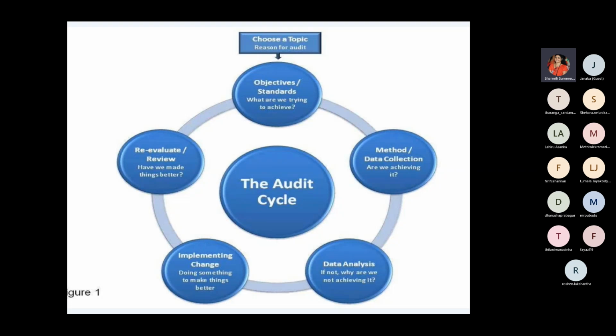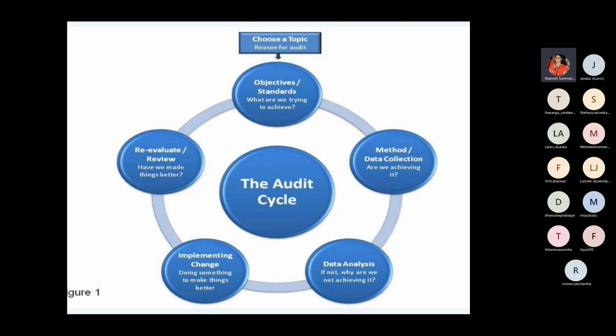Then we are implementing, we are changing. We are making solutions or suggestions in order to make things better, meaning the interruptive factors. We have solutions and ideas for how we can change the interruptive factors in a better manner.